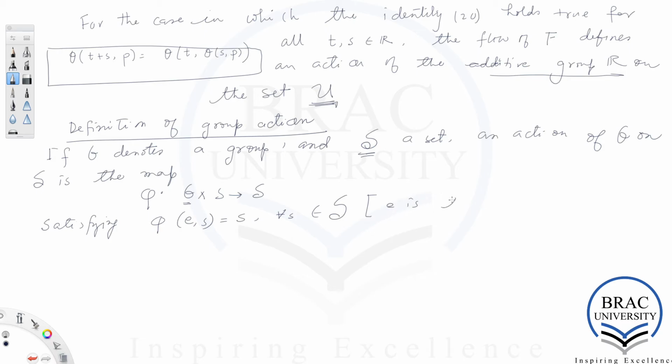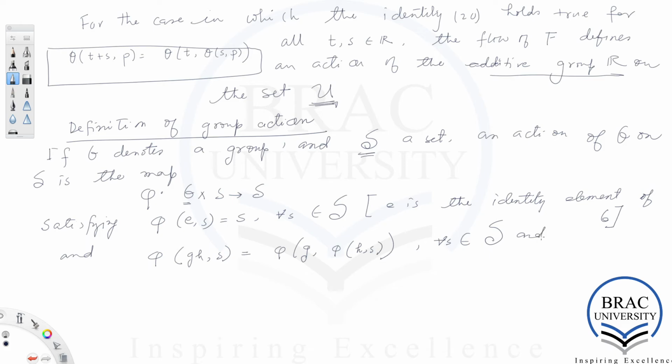Here E is the identity element of G. And further to that, we want phi of GH comma s to be the same as phi of G comma phi of H comma s, for all small s in big S, and these G and H are two group elements of the group G. This is equation number 22, and this is equation number 21.